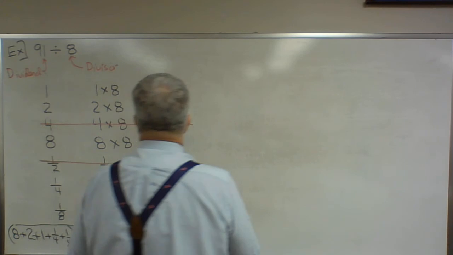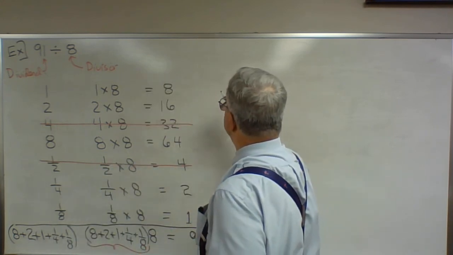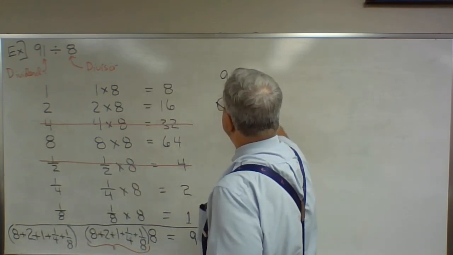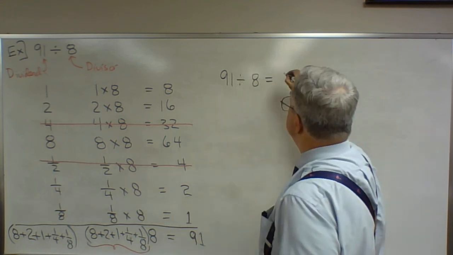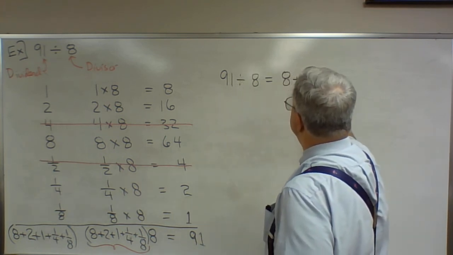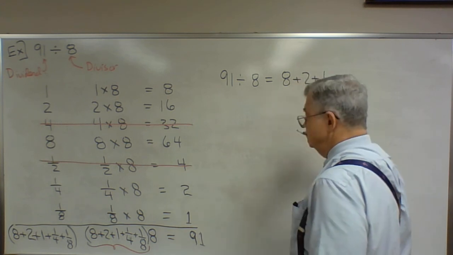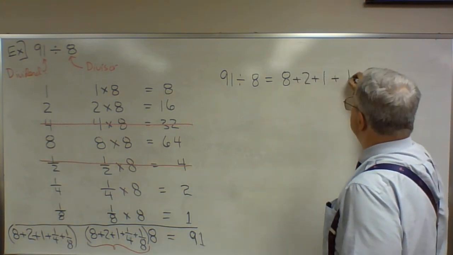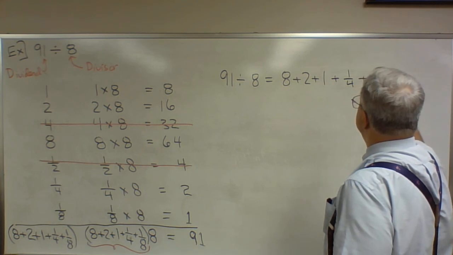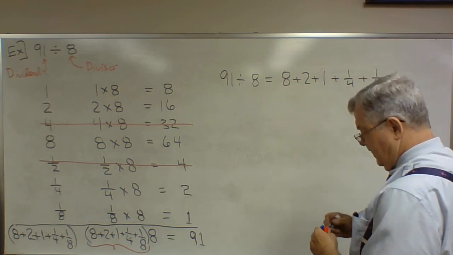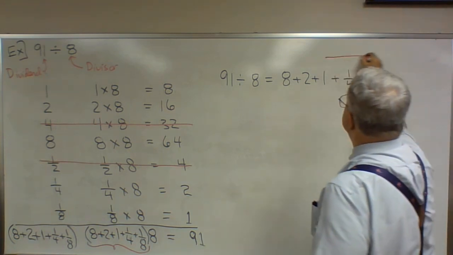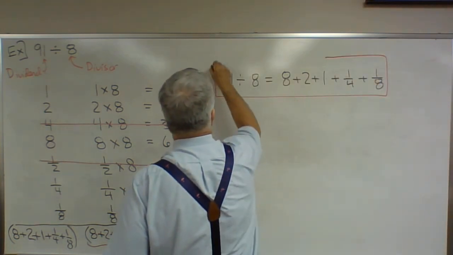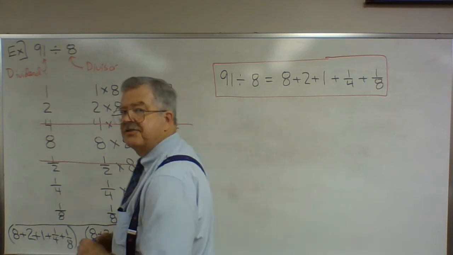So let's just confirm our result. 91 divided by 8 is equal to 8 plus 2 plus 1 plus 1/4 plus 1/8. Voila! Division, Egyptian style.